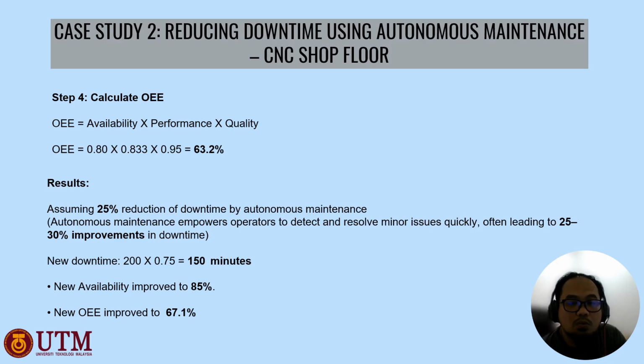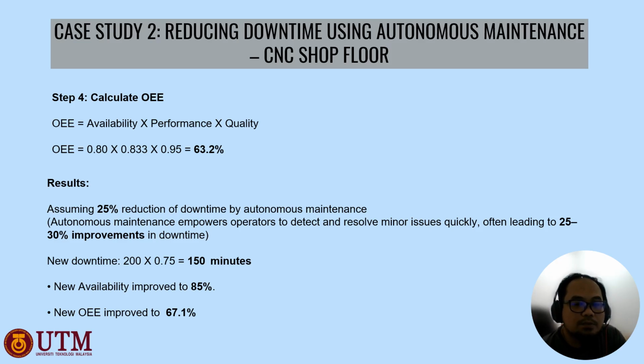So now we will use autonomous maintenance. From autonomous maintenance, we will assume a 25% reduction of downtime. Why do we choose 25%? Because autonomous maintenance in industry basically leads to a 25 to 30% improvement in downtime.